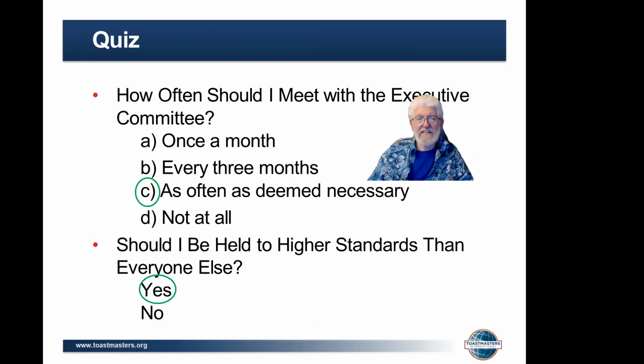So often, as I was saying, how often? Once a month, every 3 months, as often as is deemed necessary, right? Maybe that's only once a year, or not at all. You don't have to have an executive meeting, but you should have one at least once a year, even if it's just to say goodbye to the old gang and hello to the new gang.